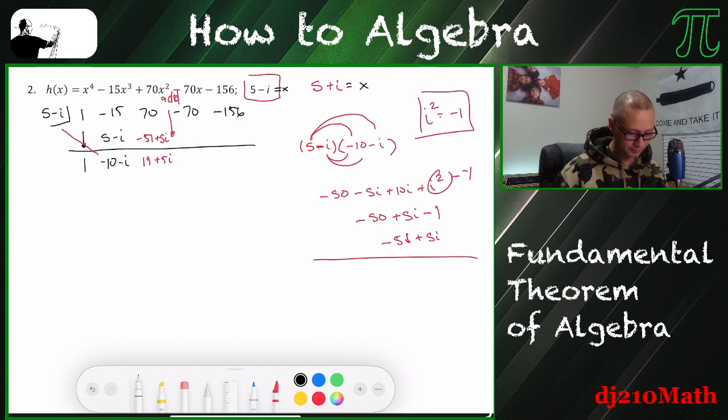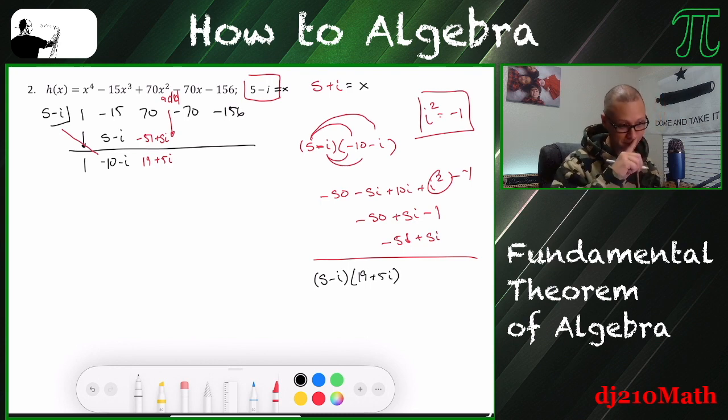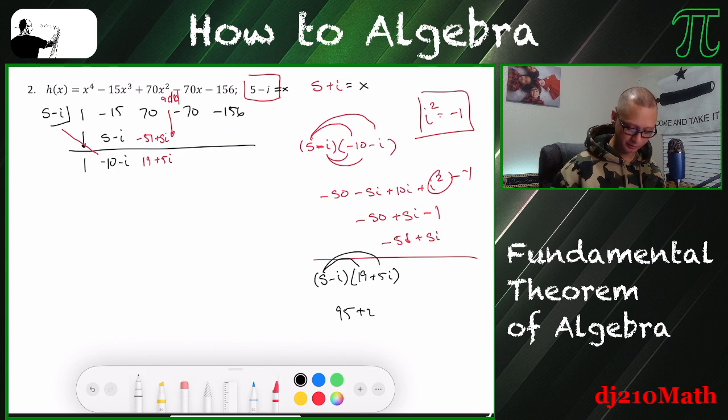So this is going to be 5 minus i, 19 plus 5i. 19 times 5, 95. 5 times 5i, positive 25i. Negative 19i, negative 5i squared.